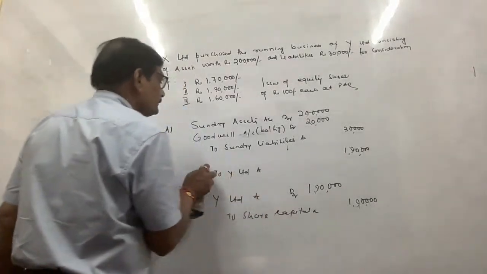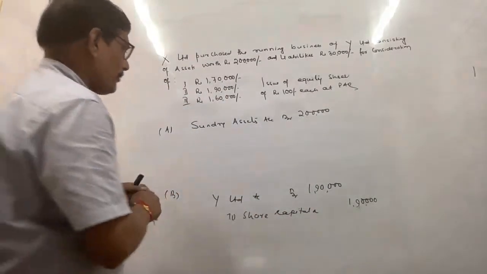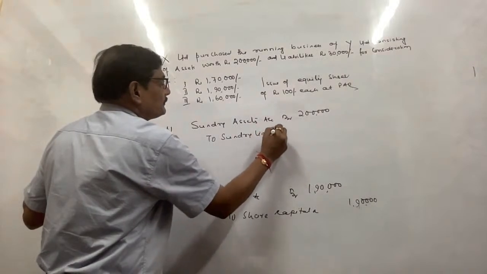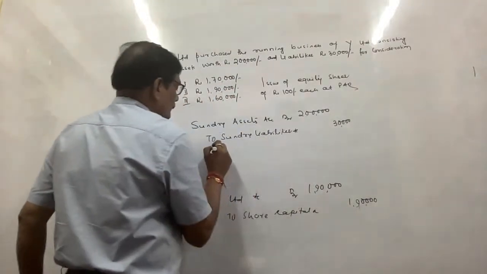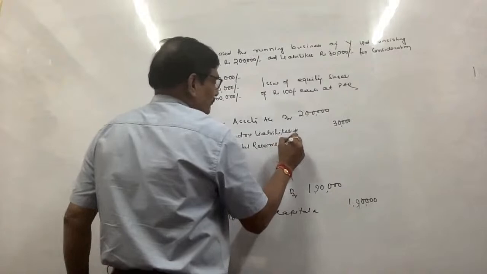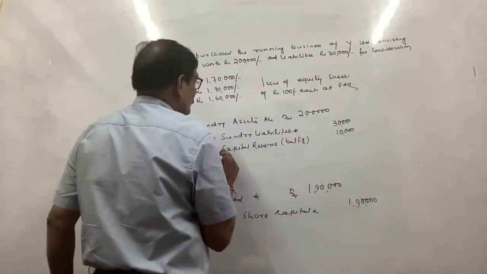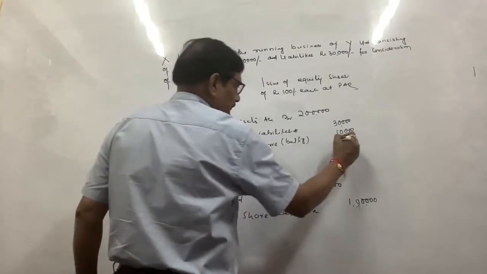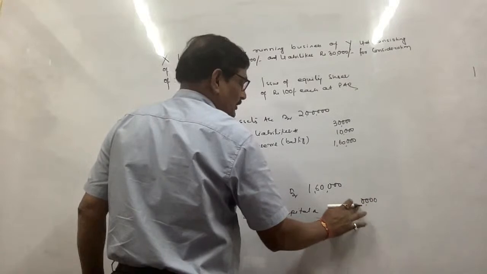So the entry will be sundry assets account debit 2 lakh, to sundry liabilities 30,000, to capital reserve, that is again the balancing figure 10,000, to Y Limited, that is 1,60,000. And now allot the shares.